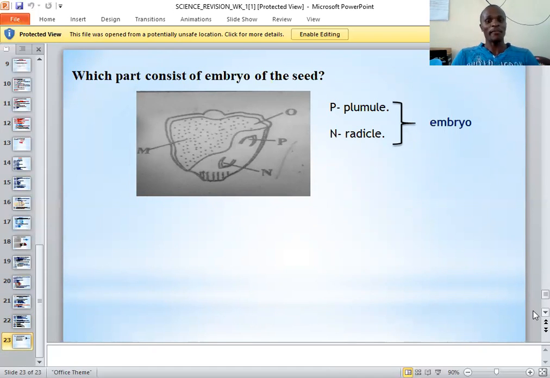Even the young one of an animal is also called an embryo. So the embryo is the part that forms the young one. In this case, we have the plumule and the radicle. The plumule and the radicle are the parts that form the embryo. You can see the plumule there was part P, while part N was the radicle. So I expected you to write P and N. Those are the two parts that form the embryo.